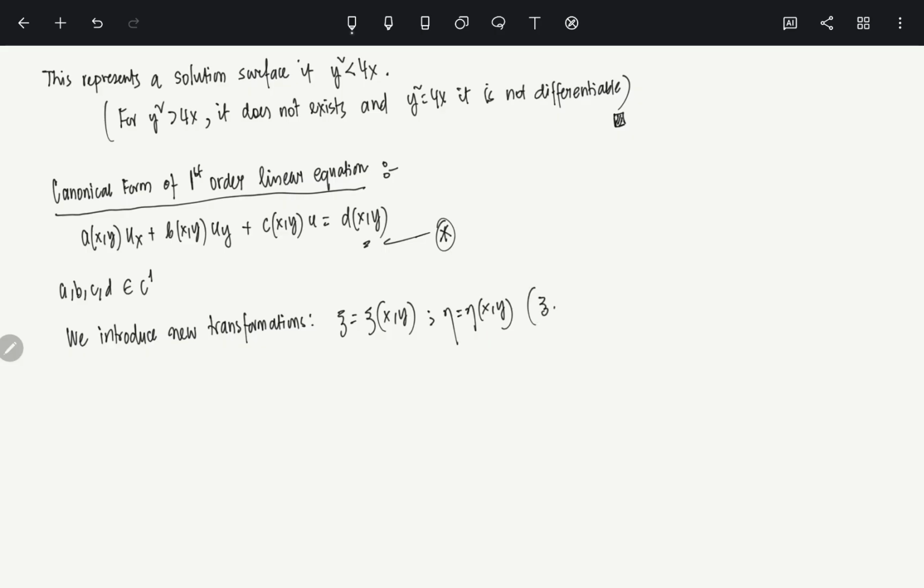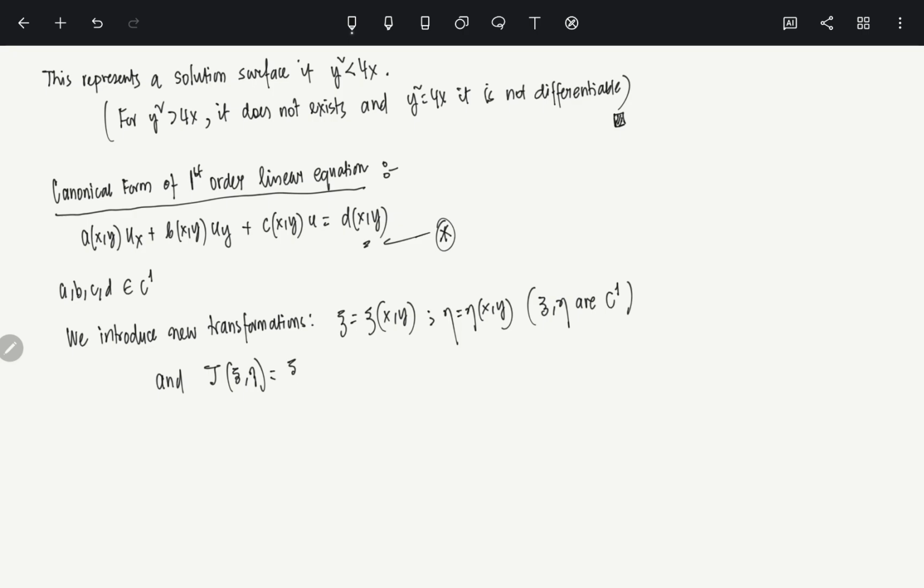Of course here we are assuming xi and eta are C1, continuously differentiable, and the Jacobian of xi and eta, let me write down what it means.